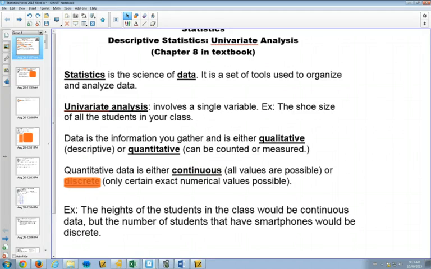And in quantitative data, which is the number stuff, which is what we're going to be studying, you either have continuous or discrete values. An example of continuous is someone's height. Every single height is possible. It's not like you start to shake and all of a sudden jump up a whole inch, right?